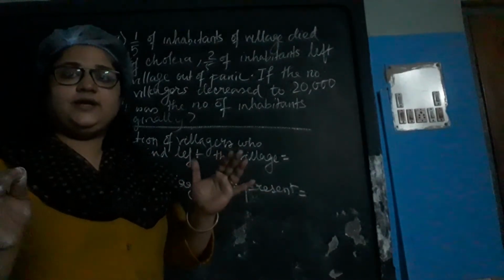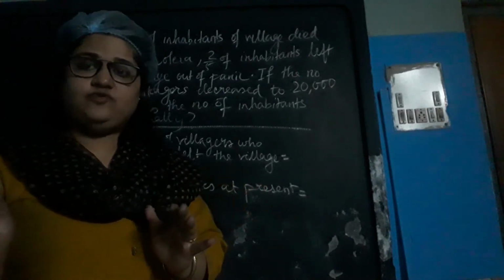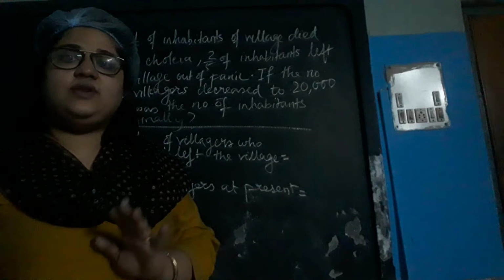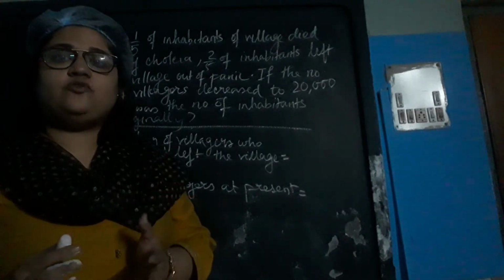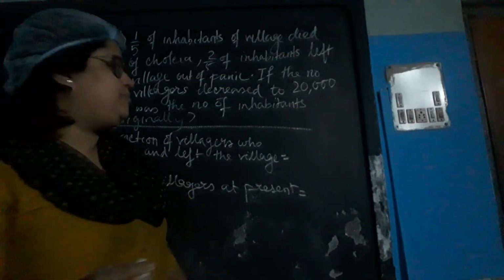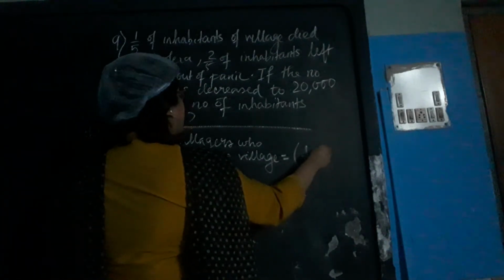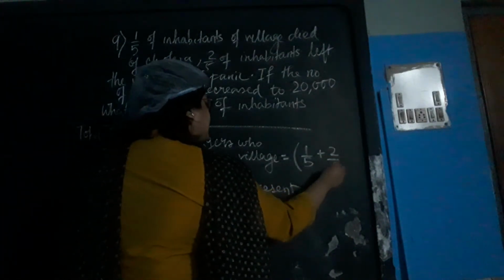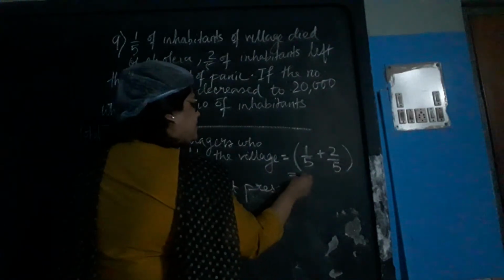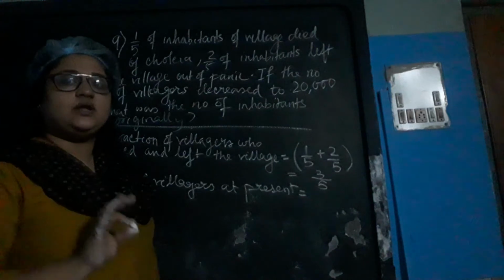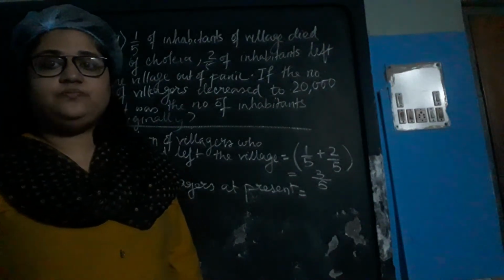So we are finding the total, how many have died, are not existing, and how many have left the village. So these number of people now they are not present in the village. That is 1/5 died and 2/5 left the village. So addition will be 3/5. That means 3/5 of villagers now don't exist in the village.